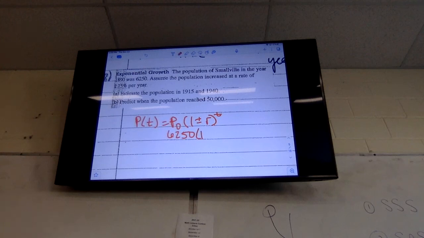What's my rate? 2.75. Let's make that a decimal. And am I adding or subtracting that? Adding. So the decimal form of that is 0.0275. And then it's just being raised to the t. If I add that together, my final equation is going to look like this.